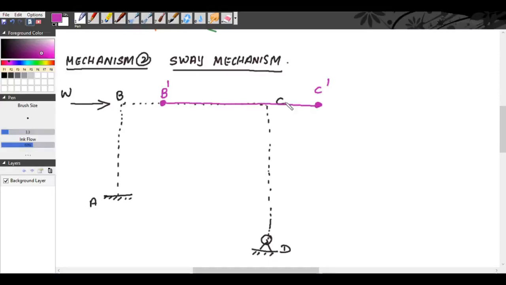So our beam gets shifted to B dash C dash, and our columns will be shifted, right? Draw it as a straight slanting line. Okay.